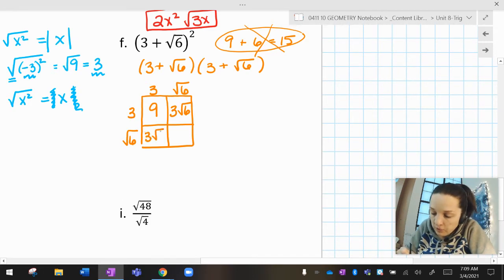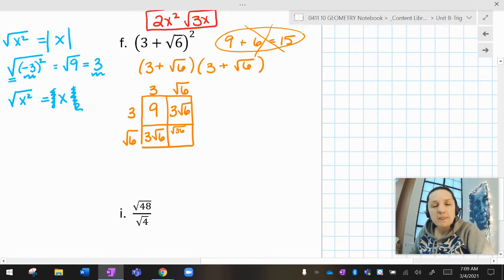This is another 3 radical 6. And root 6 times root 6 is, well, I have 2 radicals, I'm going to multiply their insides. That's going to be the square root of 36. And the square root of 36 is just 6.